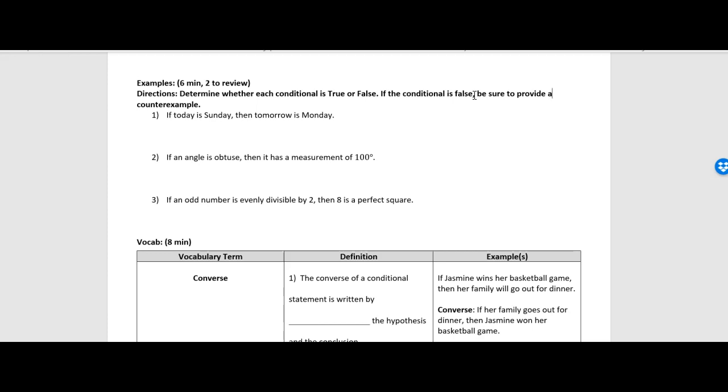Tomorrow has to be Monday. So when our hypothesis is true, our conclusion, tomorrow is Monday, is also always going to be true. So this is a true statement overall. Let's look at number 2. If an angle is obtuse, then it has a measurement of 100 degrees. So is there ever a case where an angle is obtuse, but its measurement is not 100 degrees? Well, of course, right?